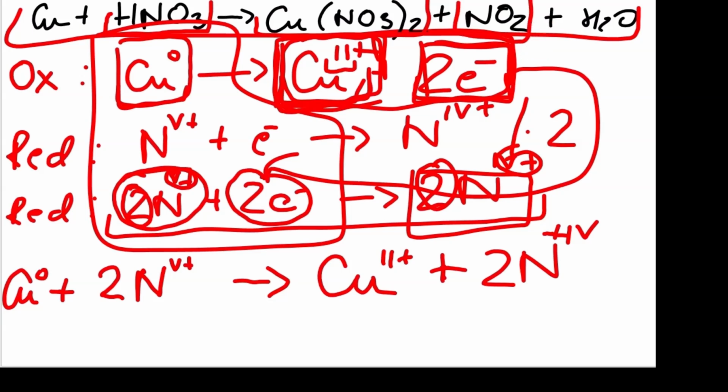In the copper salt, the nitrogen oxidation state is equal to plus 5. So those nitrogen atoms do not change oxidation state, and do not take part in these two reactions.